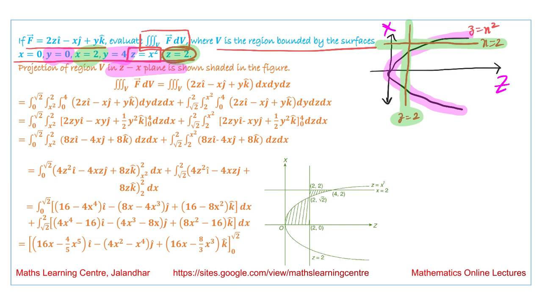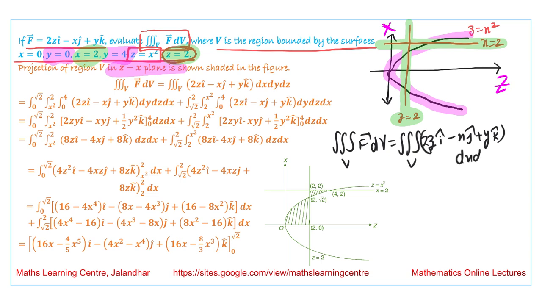Now if we write the value of the integral, it is the triple integral over V of f vector dv, that is equal to the triple integral over V of (2z i cap minus x j cap plus y k cap) dx dy dz.